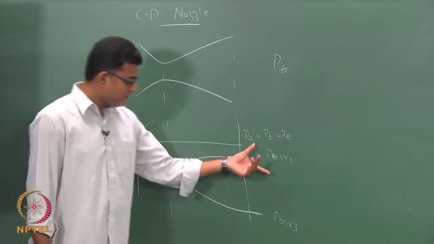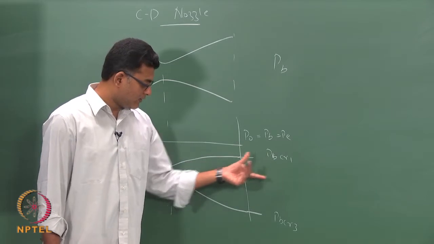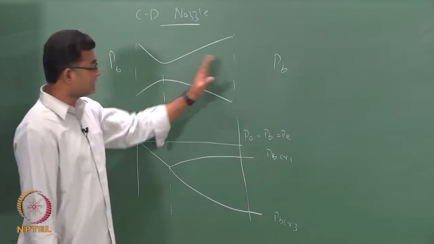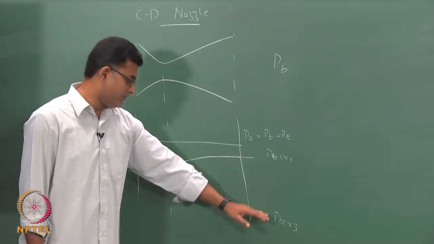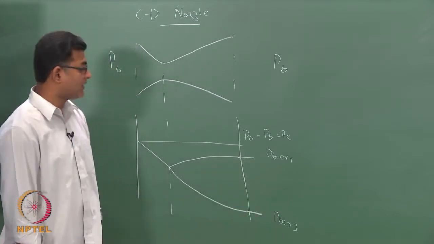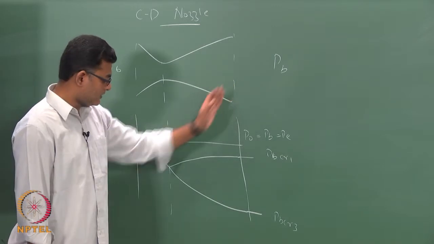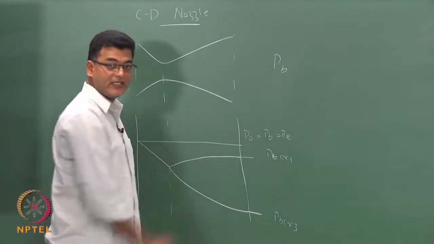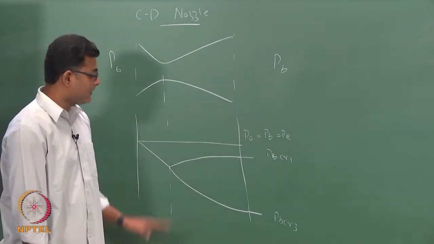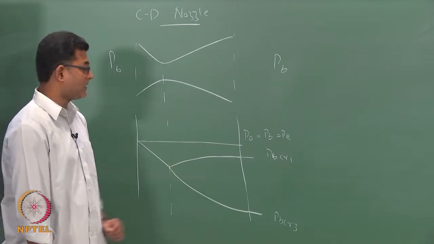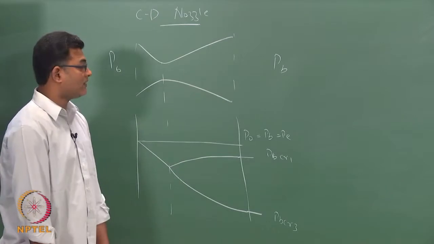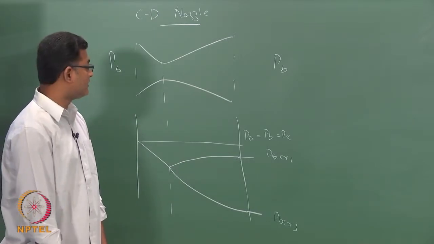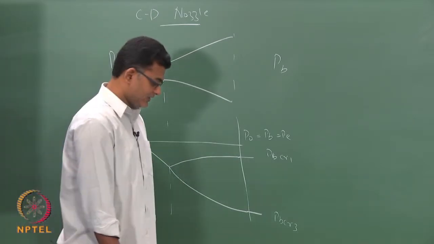So, there is some value of PB which will create a shock inside the nozzle. For some value of PB more than P critical 3, you will have a shock somewhere outside the nozzle. Okay. So, we are going to consider that particular case where you have shocks inside the diverging section of the CD nozzle.